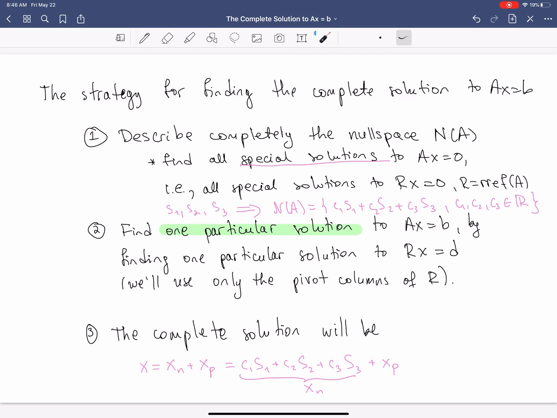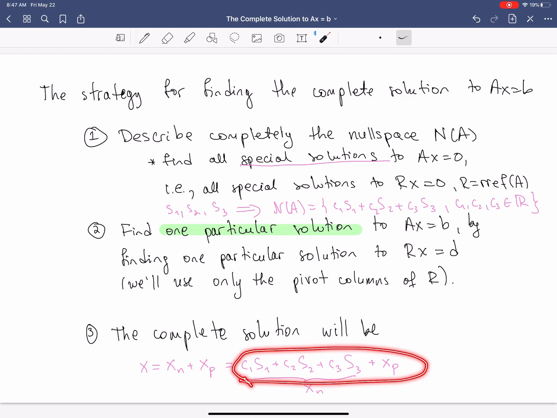So if 2 of us found different particular solutions, we would still be describing the same x, because for 2 different xp's, the different coefficients c1, c2, and c3 will correspond to the same solution x. So there is no need to worry about which particular solution we choose, but what is important is that when we write this complete solution, we don't multiply the particular solution by any constant.